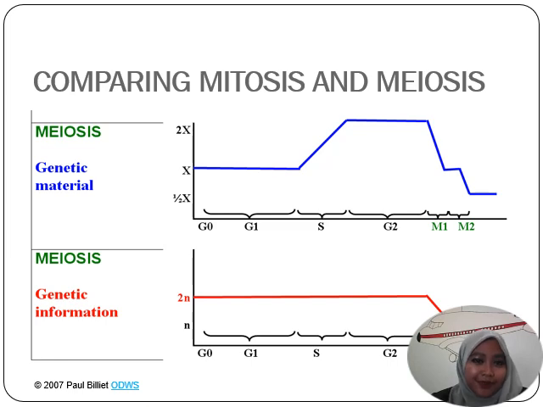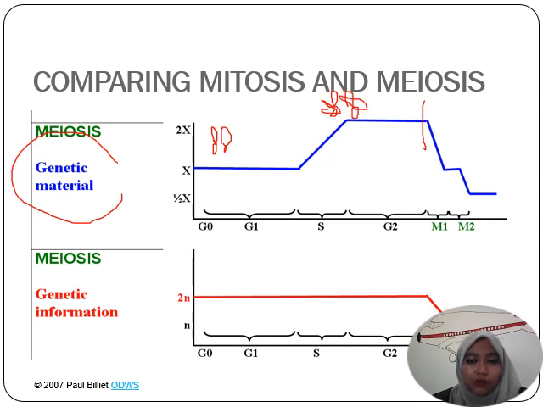Compared to the meiosis process in terms of genetic material, for example, we have the chromatid here. Once they undergo the interphase, they get two chromosomes. Once they finish meiosis 1, they have one chromosome.